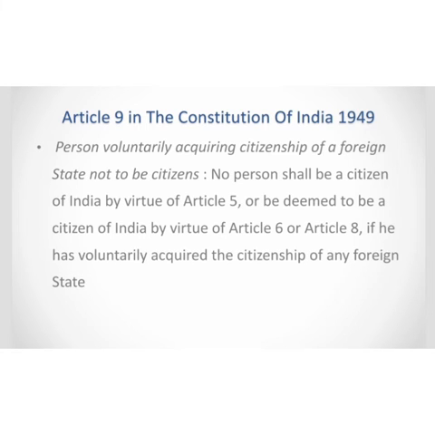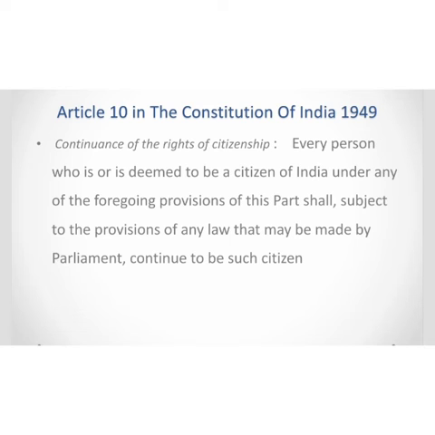Article 10 speaks about whatever arrangements made under Articles 5, 6, 7, 8, all these things are temporary in nature or transitional in nature. It can be varied, modified, approved, confirmed, cancelled, nullified by an appropriate law made by the Parliament.